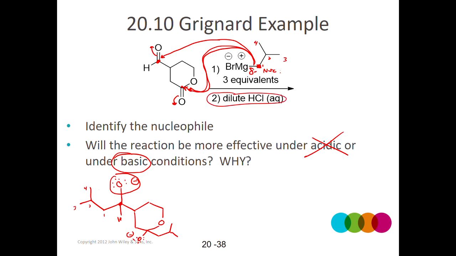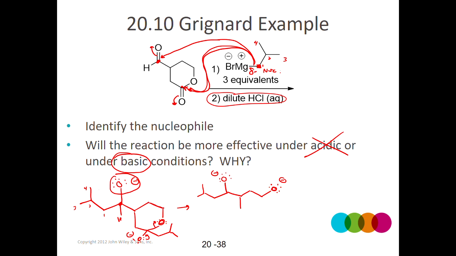But this oxygen is connected to a carbon where there's a leaving group, and it would help entropy-wise to open up the ring, steric-wise to open that up. So it's going to shift these electrons in here and push that out. So this oxygen here is this one here.